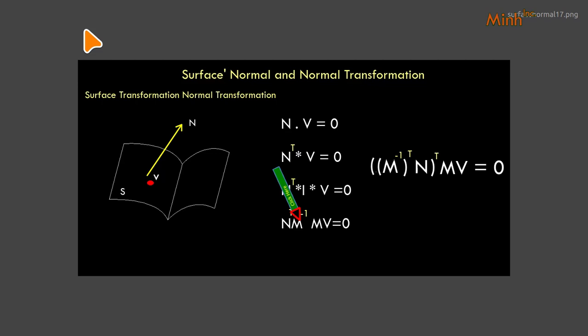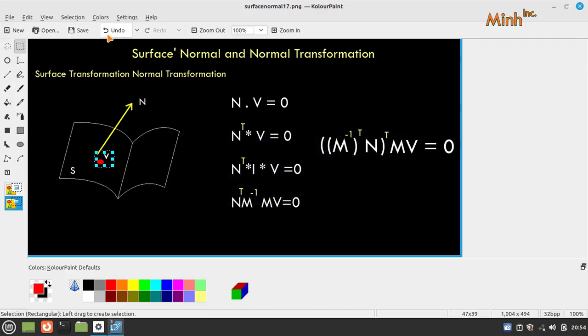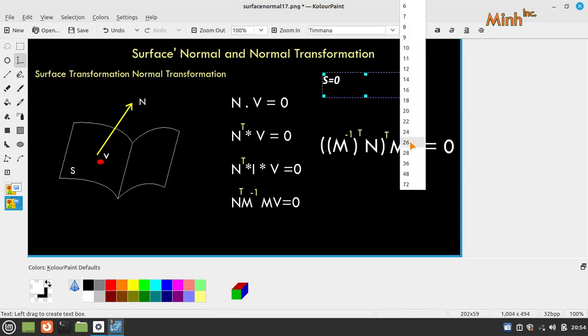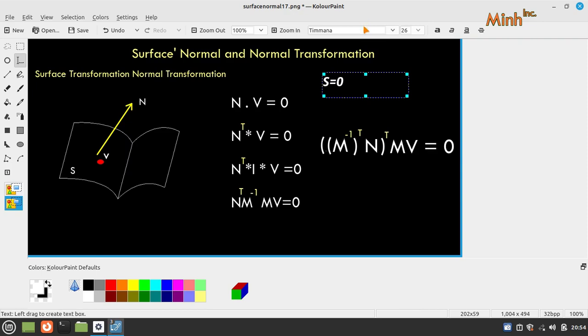What I am trying to say is, if there is an equation S equal to 0, that is the equation of the surface.